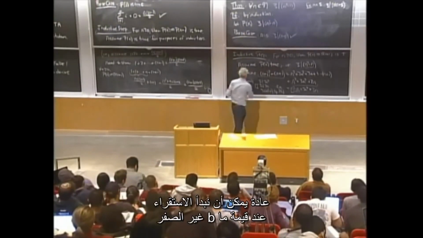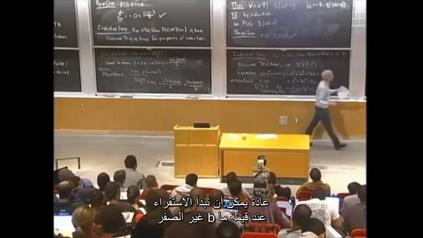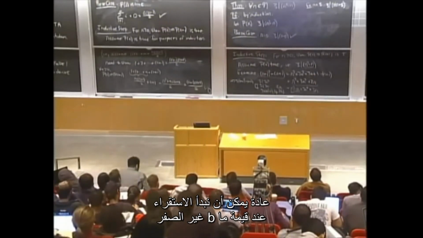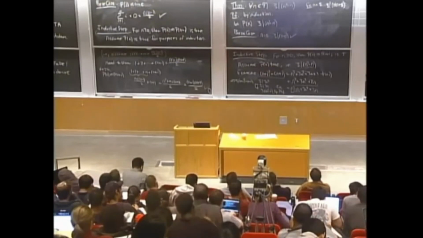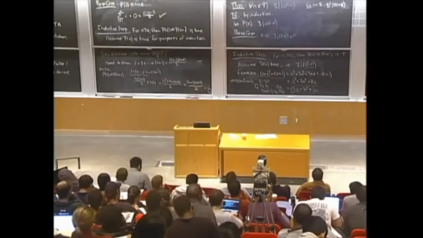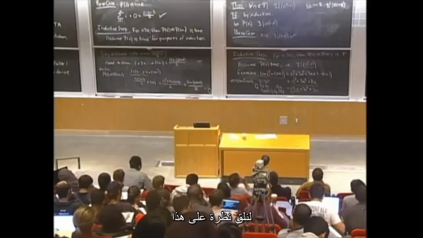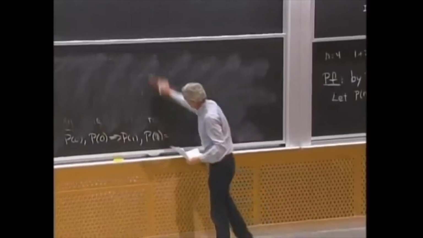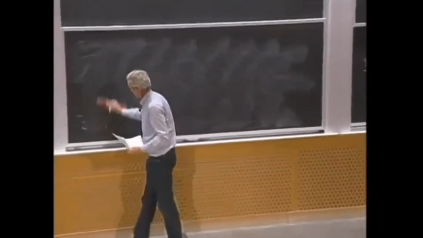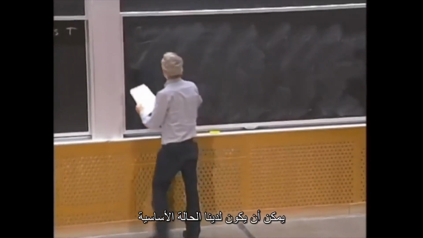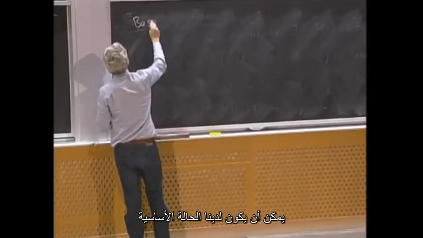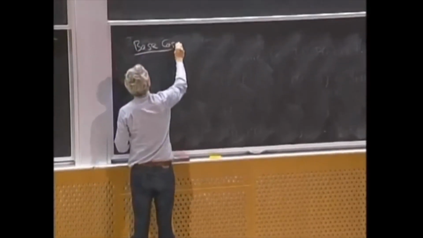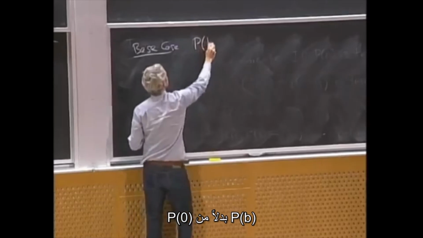Now, in general, you don't have to start your induction at 0. You could start it at some value b, some integer b. Let's take a look at that. For the base case, you could have P of b is true, not P of 0.